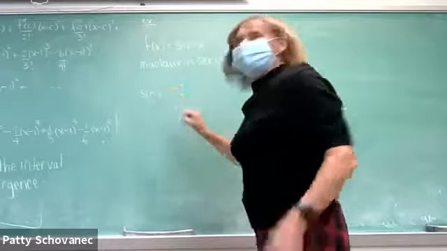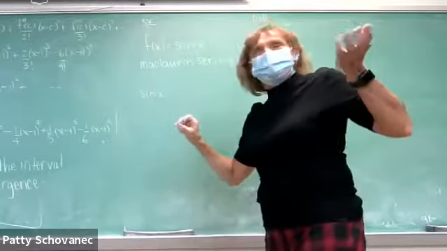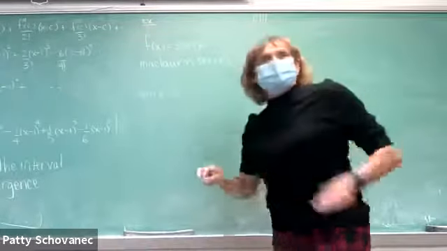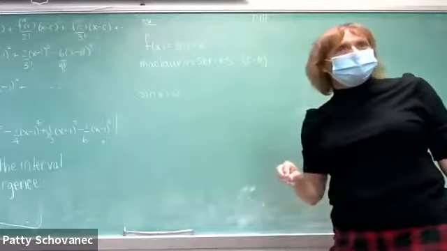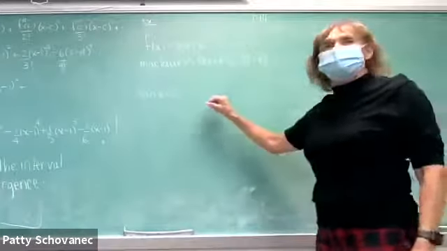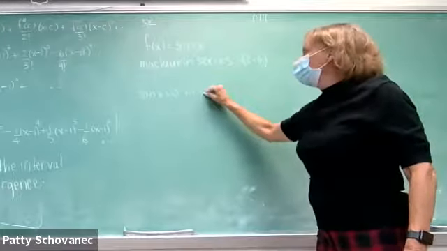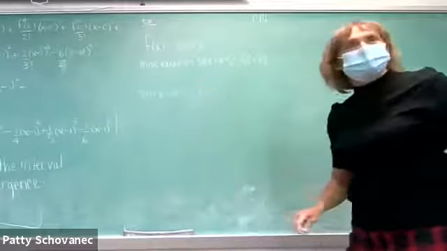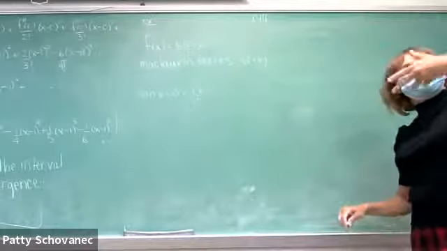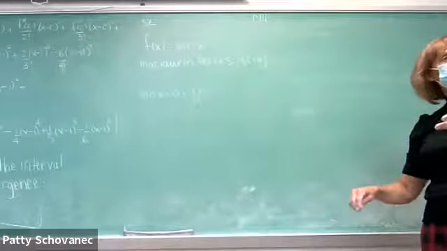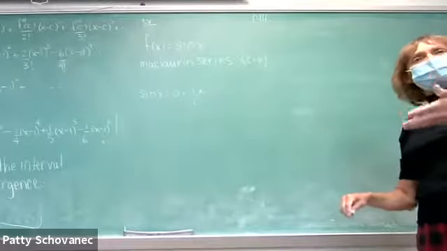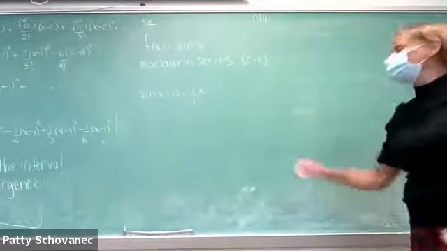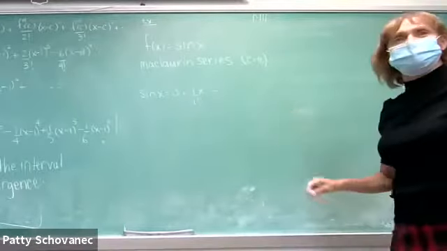Sine of 0 is 0, right? Derivative of sine is cosine. Cosine of 0 is 1 times x over 1 factorial, right? Derivative of cosine is a minus sine, but sine of 0 is 0. Derivative of minus sine is a minus cosine, so my next term is going to be a negative.